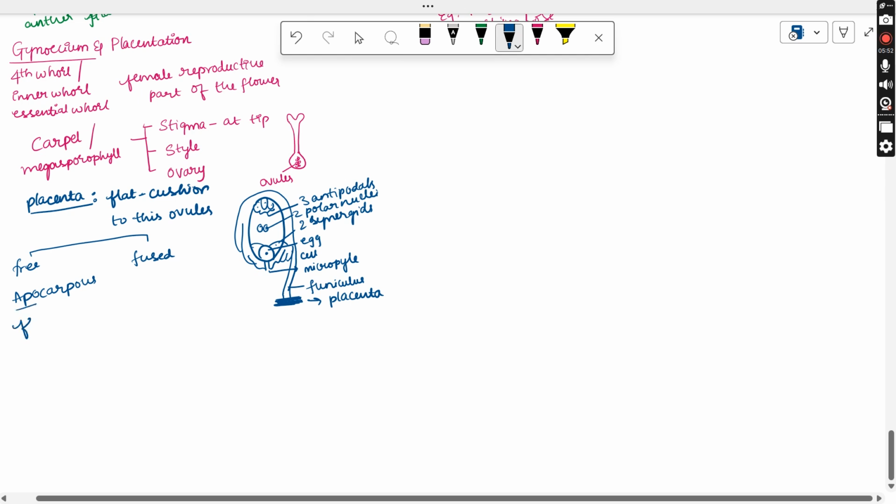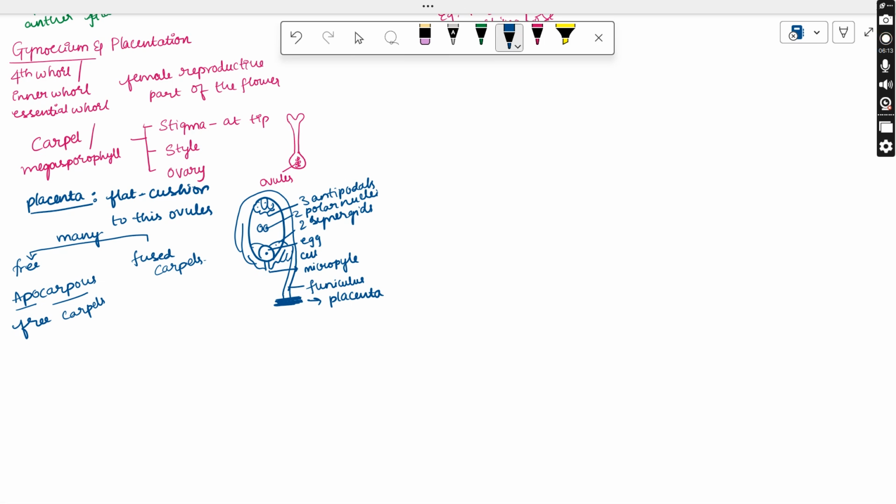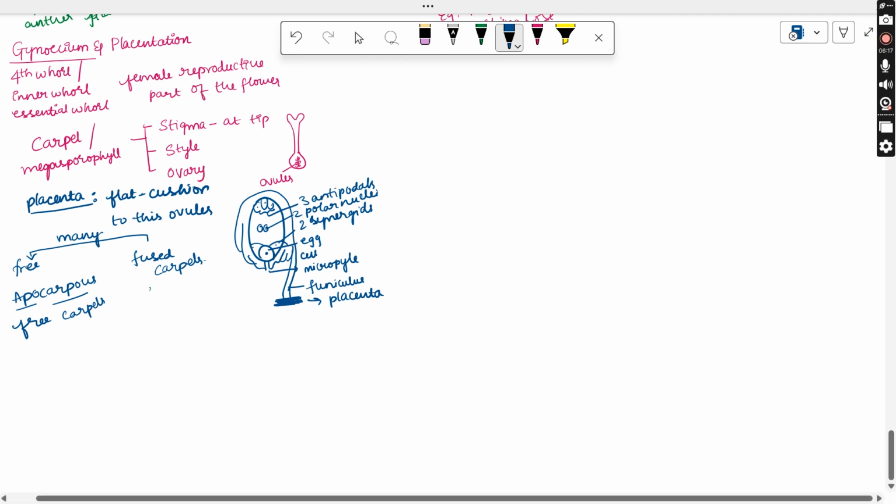Apo means free, carpous relates to the carpels. So many carpels are there in free condition; that is the apocarpous condition. Suppose all these carpels are in a fused condition, meaning all the carpels are completely united. If you look from the outside, they look like a single carpel. That fused carpel condition we call the syncarpous condition.